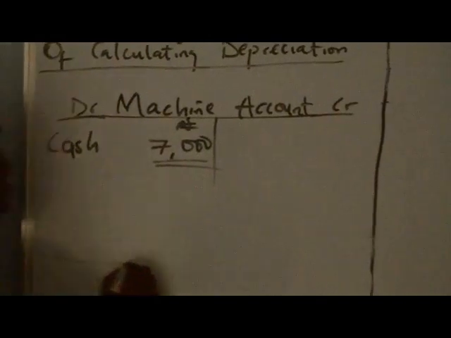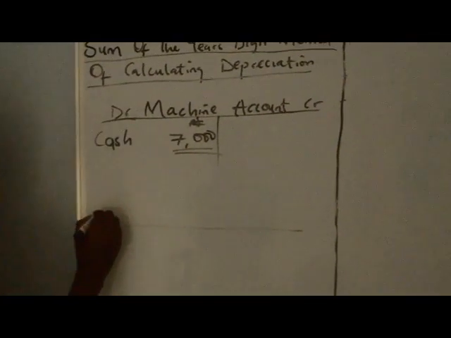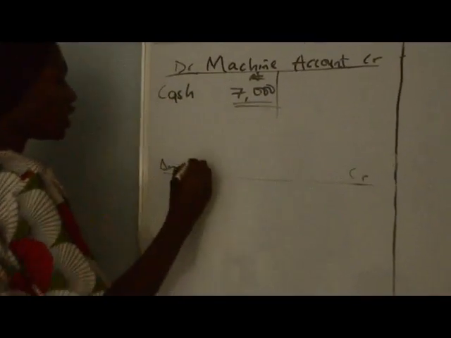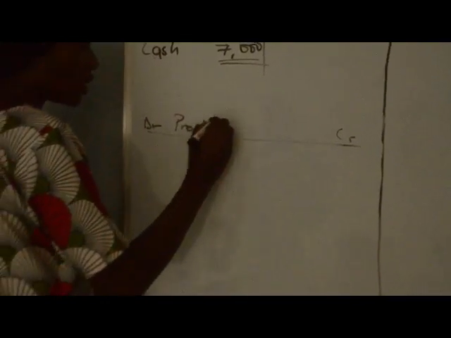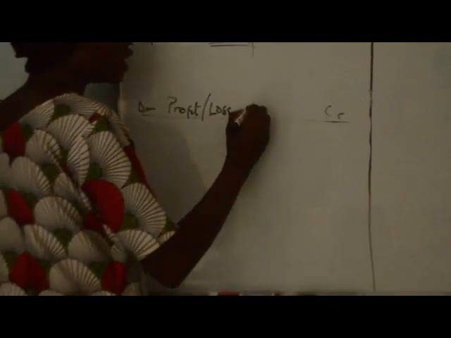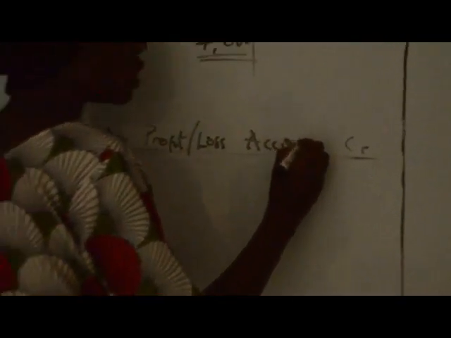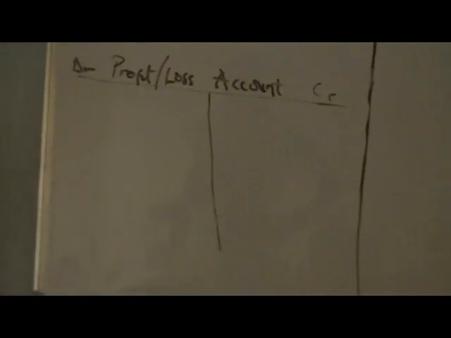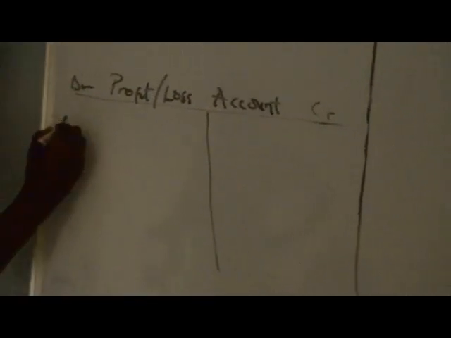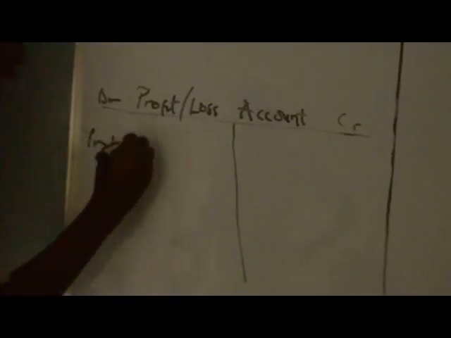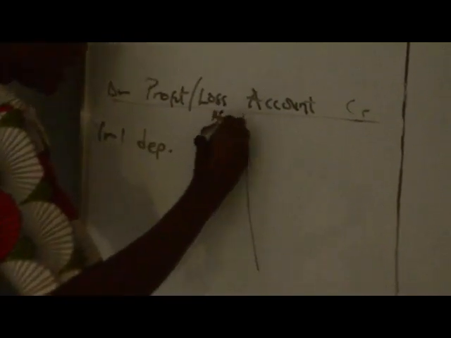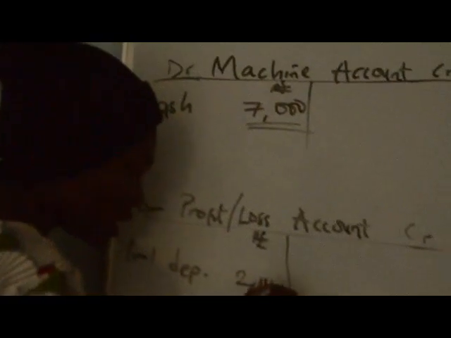The next account we'll be opening is our profit and loss account. But now it has been called the profit or loss account. Okay, profit or loss, because in business you either make profit or loss. Okay, so this is it. In our profit or loss account, we treat depreciation as an expense. So for our first year, which is our year 1, our depreciation, so I'll be using short form, for our first year is 2,400 naira.